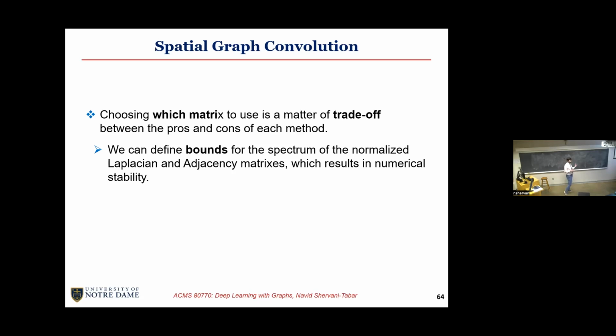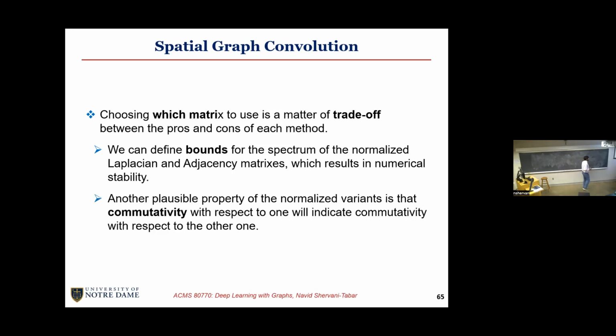Other than that, the largest eigenvalue is always less than 2. The second property, which is very desirable based on our conversation, is that for symmetric versions, if you create a convolution filter matrix using a polynomial of each of these, it is going to be commutative with respect to the other one as well.